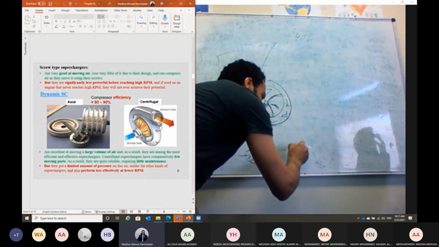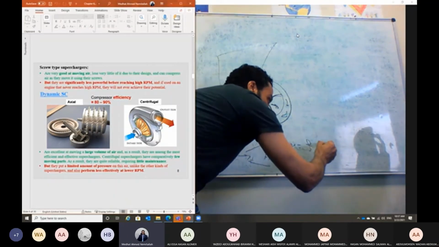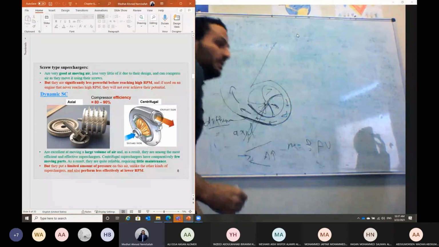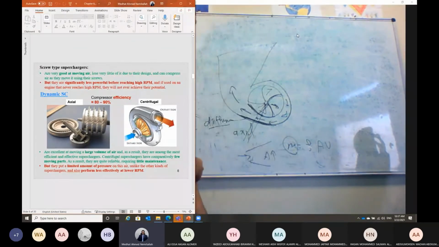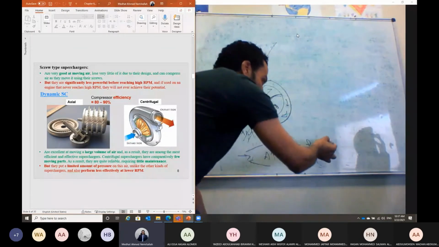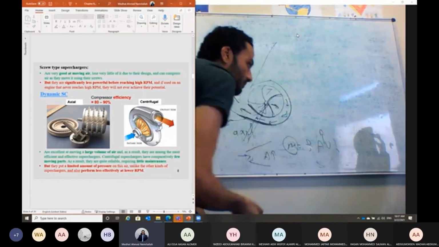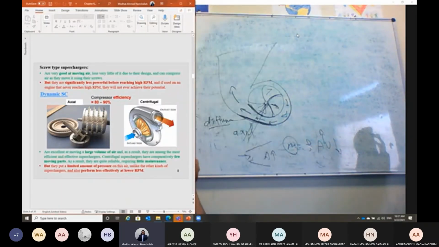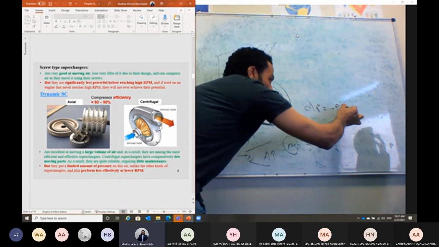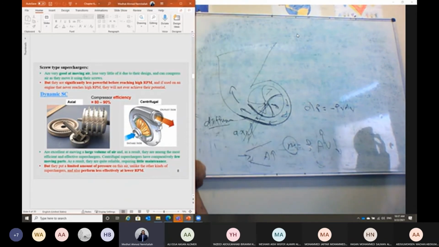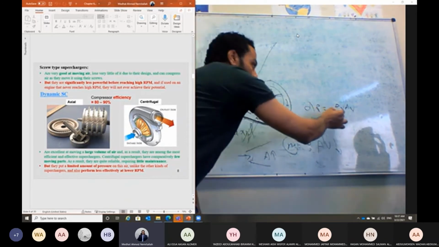So if we have a given mass flow rate of air, mass flow rate is density multiplied by area multiplied by the velocity. Usually it is a steady flow compressor, so the mass flow rate is constant. So if the area is increased, that means the velocity will be reduced in the flow direction. Based on the Euler equation, dP = -ρV dV. We have a negative sign here.